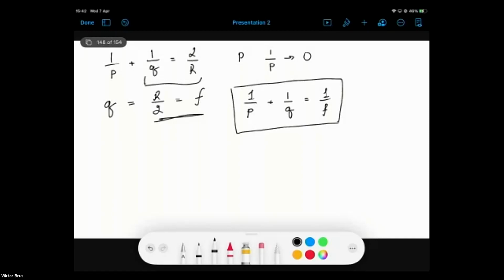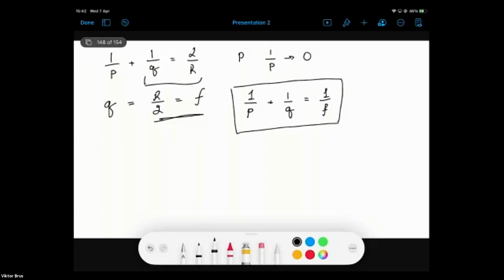So in this case, the derived mirror equation is also working. However, we just need to keep in mind some features of this convex mirror and be very careful when we build the images of different objects.